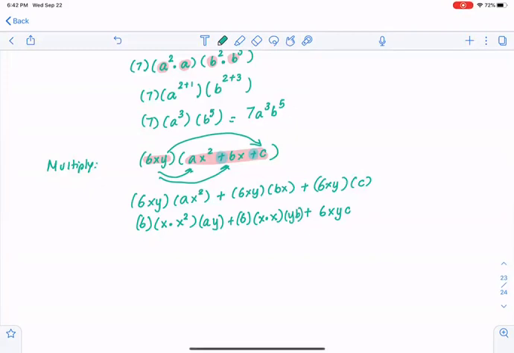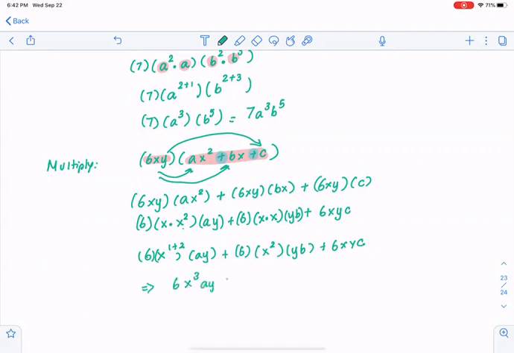So the first term, I would have 6 x times x squared, x raised 1 plus 2. Bases are identical, add the powers. Ay would remain as is. 6 x times x is x squared, yb, plus 6xyc. So the final answer would be 6x cubed ay plus 6x squared yb plus 6xyc.